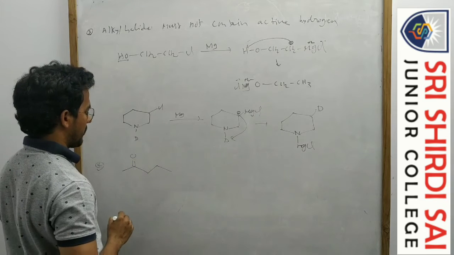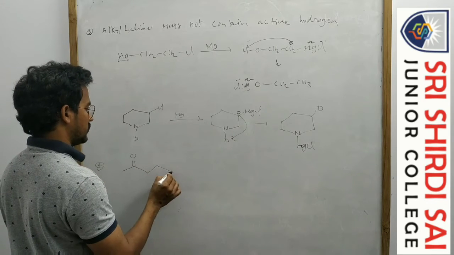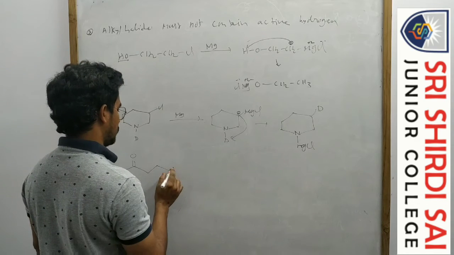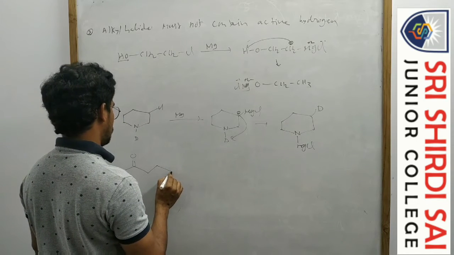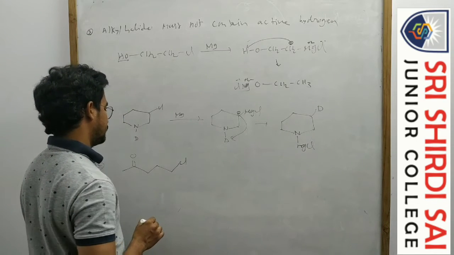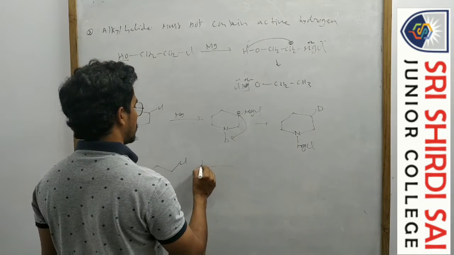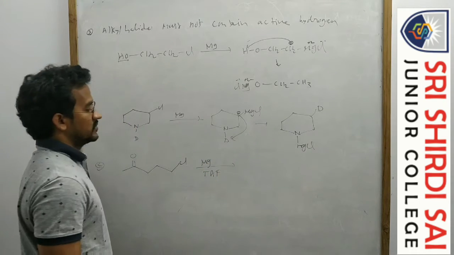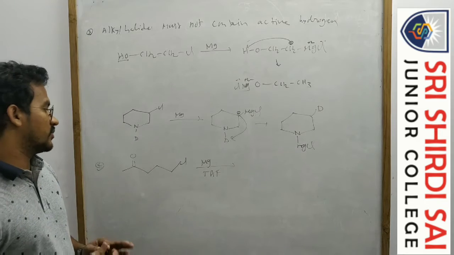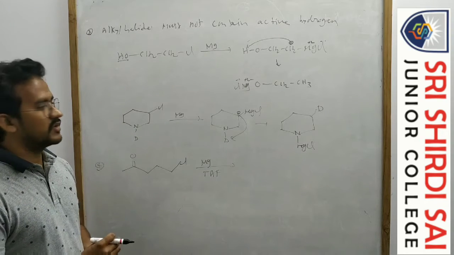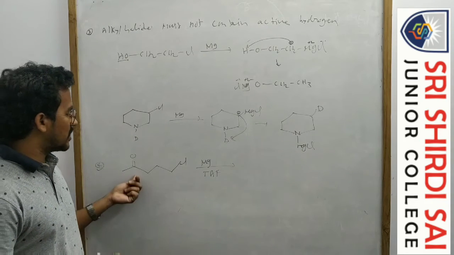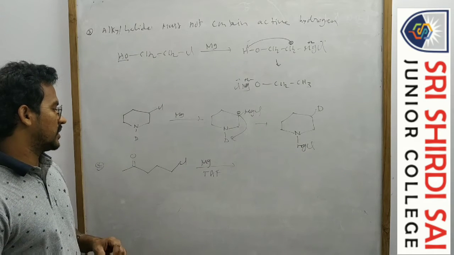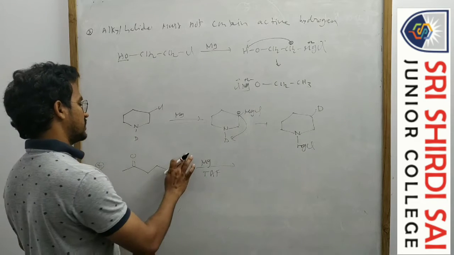Now here, a compound with a C=O double bond and Cl, treated with magnesium in tetrahydrofuran. What is the problem? What is the product of this? First magnesium insertion takes place and the Grignard reagent is formed, then an intramolecular nucleophilic addition reaction takes place.